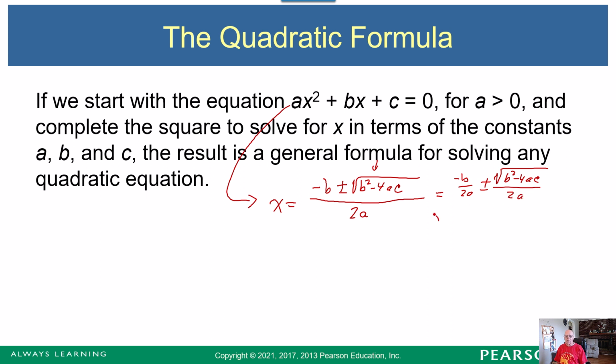So there is the quadratic formula. You must know that. Remember, a must be non-zero. If a were 0, then you wouldn't have this at all, and it wouldn't be a quadratic. So this is important. And also down here, if you're dividing by 2a, this can't be 0 either.